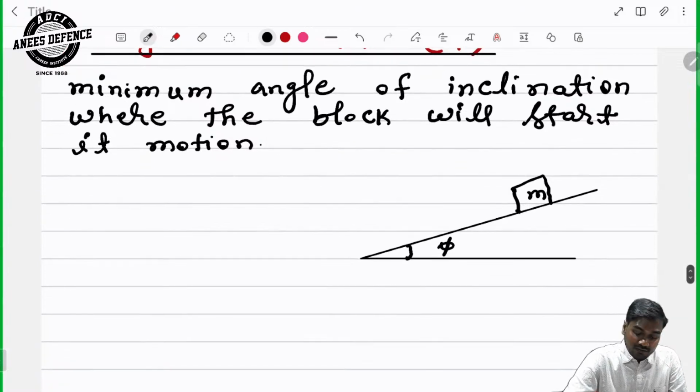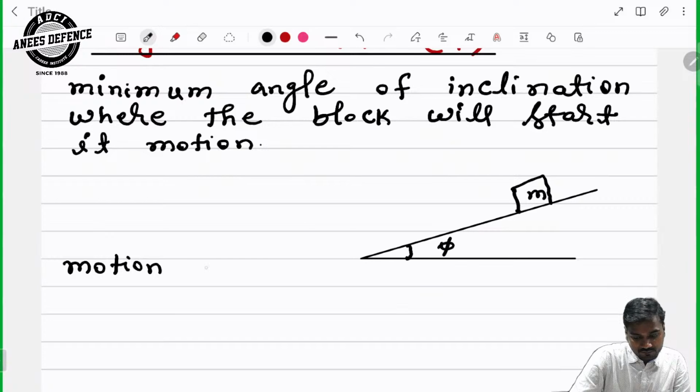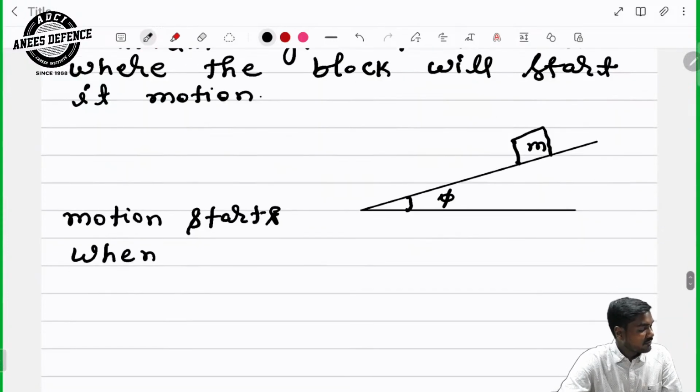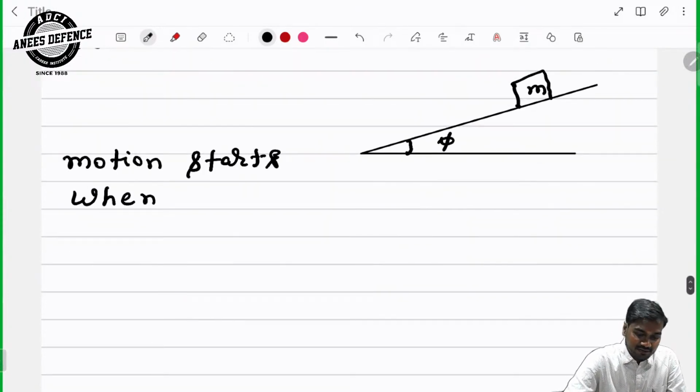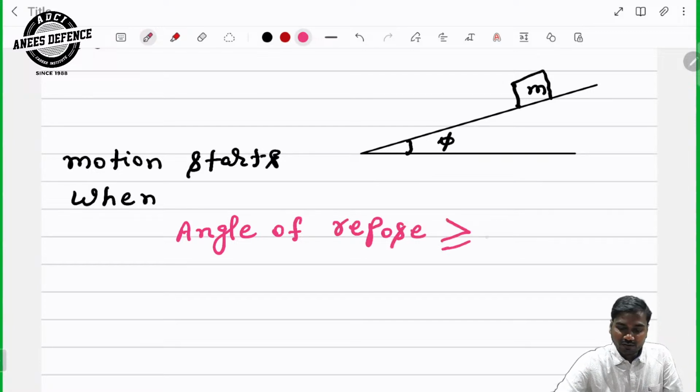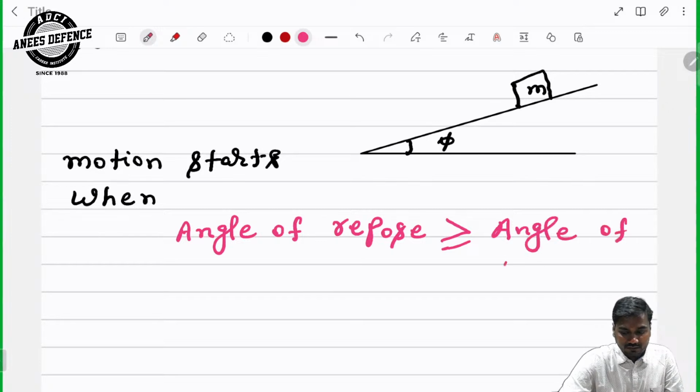So motion starts when the angle of repose is greater than or equal to the angle of friction.